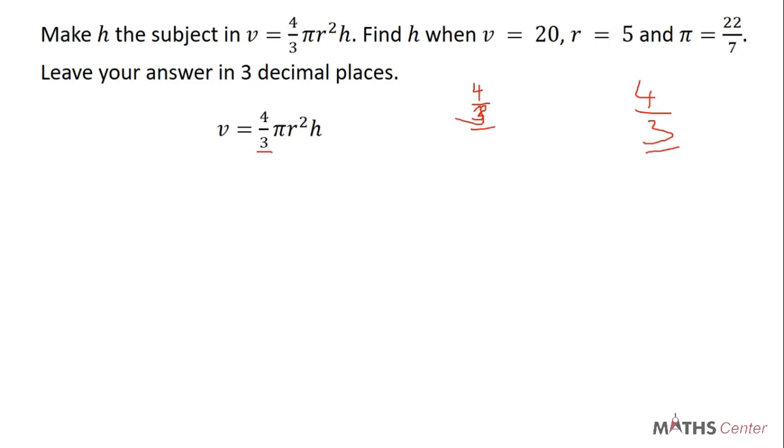So the LCM is 3. 1, you identify the fraction. 2, you find the LCM of the denominators. Here, because there is only one fraction, the LCM is going to be the denominator of that fraction, which is 3.